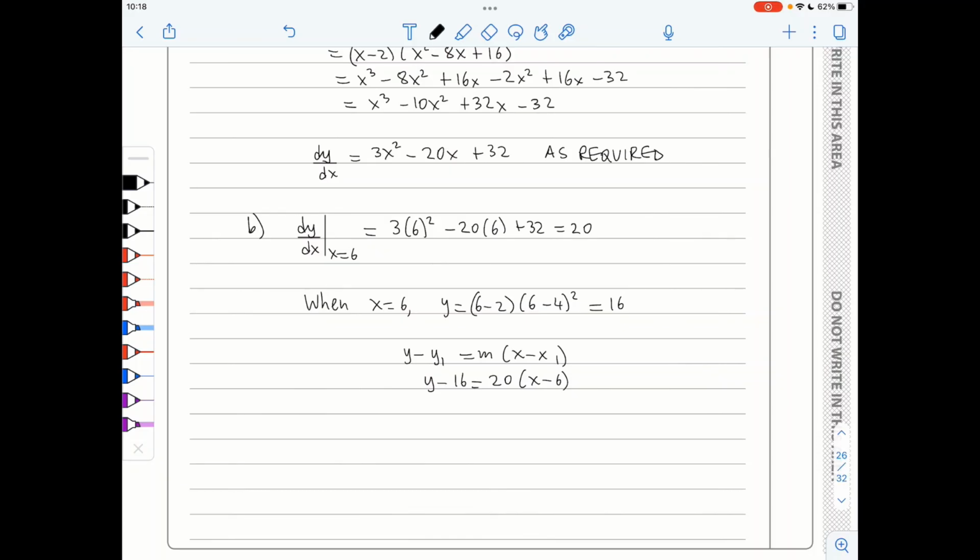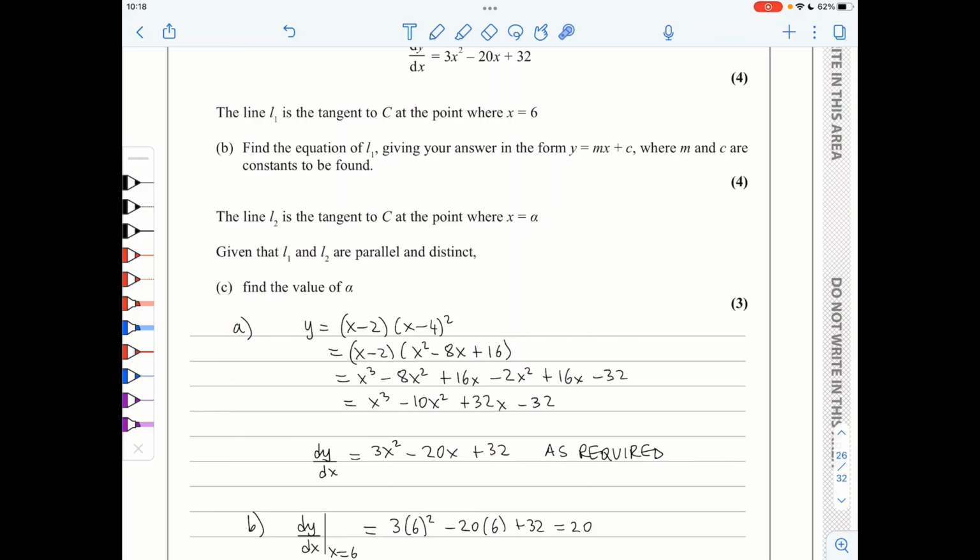I haven't finished. I need to put it in the form y equals mx plus c. So y minus 16 is 20x minus 120, which means that y is 20x minus 104. That's the final answer for part B.